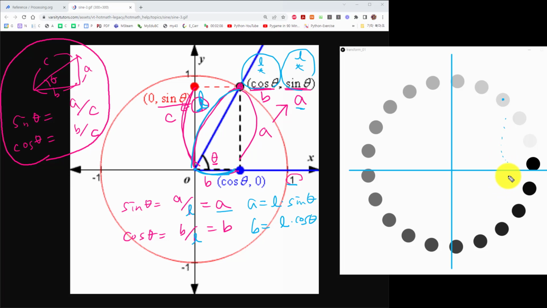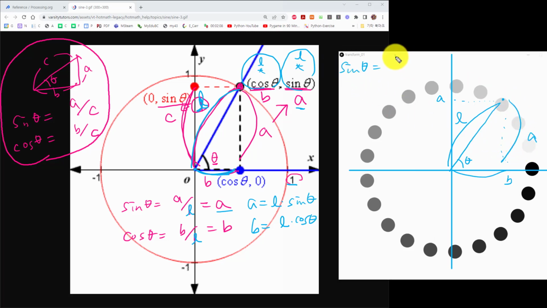Let's say this point is B, and this point is A, and the angle from the x axis is theta. Let's say the distance from the center of the coordinate to the center of the circle is L. Then sine theta is A divided by L, which means A equals L times sine theta.